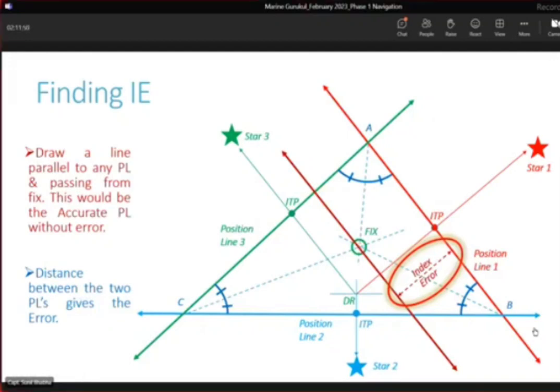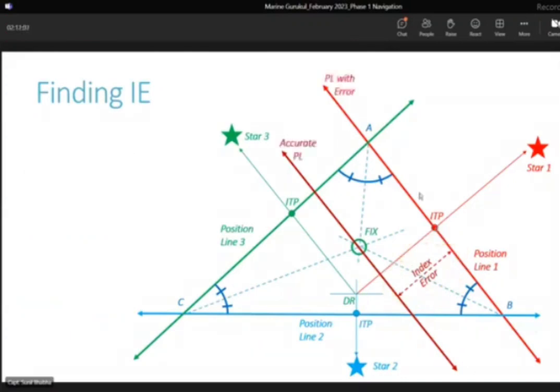The point where the angle bisectors of a triangle meet is equidistant from all the three sides of the triangle. Same procedure, beta. The same procedure applies even if the fix is outside.